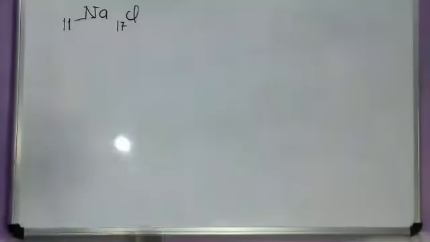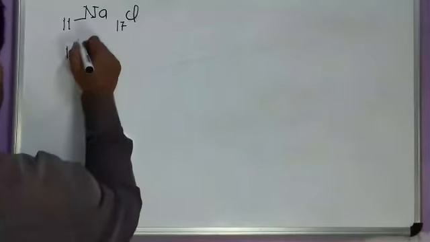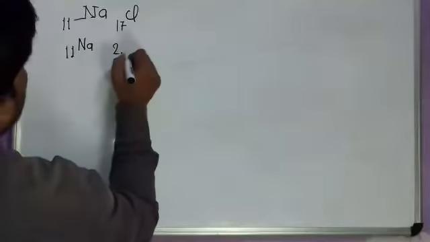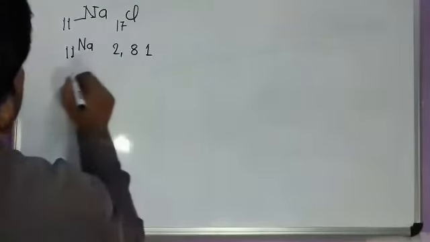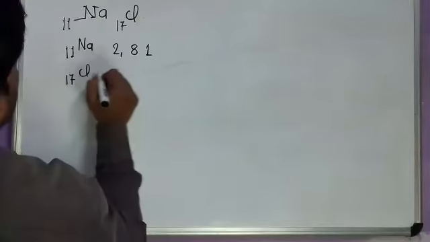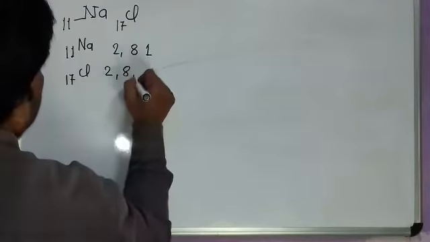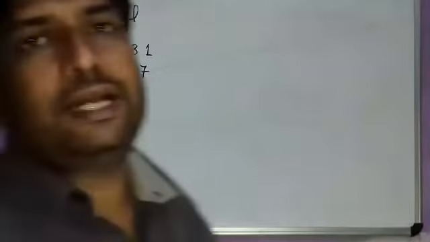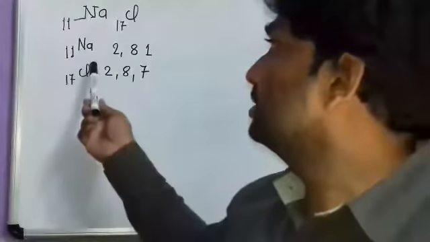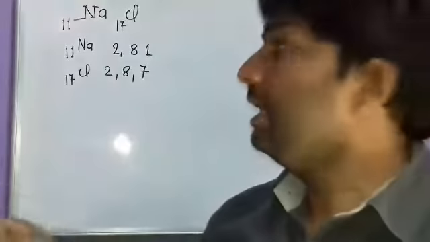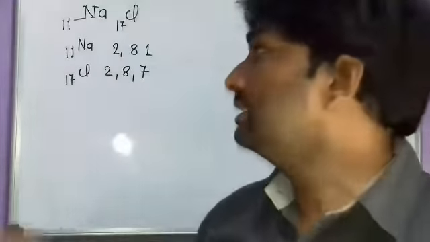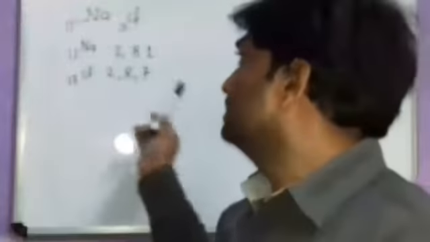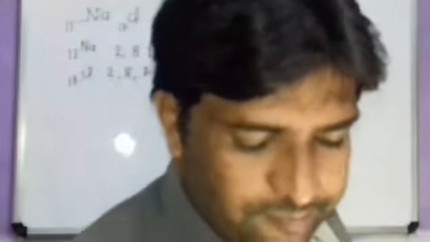And Cl, with atomic number 17, is 2 8 7. Clear? So here we have to make a structural diagram of these configurations.